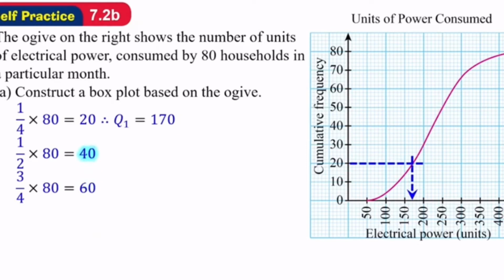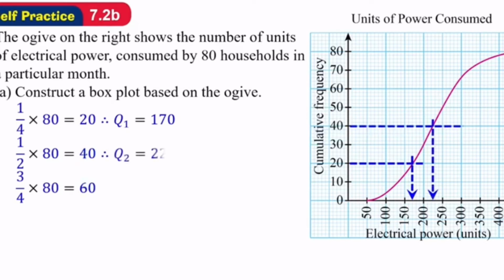170. Now let's read the median. The median is the 40th. So we go to the cumulative frequency. Let's find out where is 40, and let's draw the horizontal dashed line until it intersects the Ogive, and then we will draw the vertical line down to the upper boundary and read the electrical power unit.